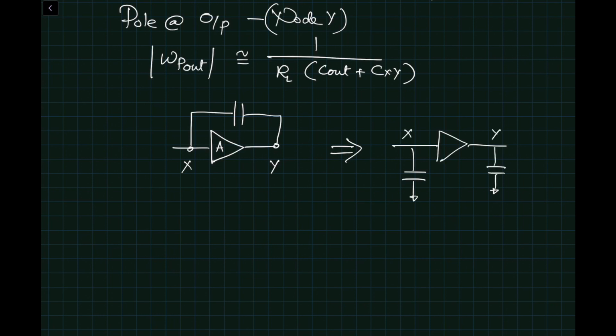I also showed you that when you have a capacitance connected from one node to another node with a gain, that can also give rise to a zero, and that is not being predicted using the Miller effect. So I showed you a technique which will give you a zero frequency.